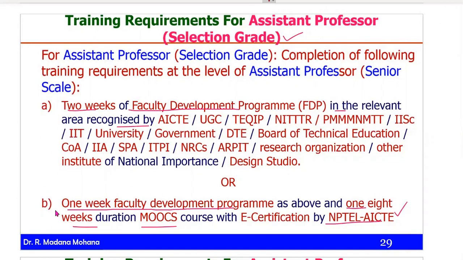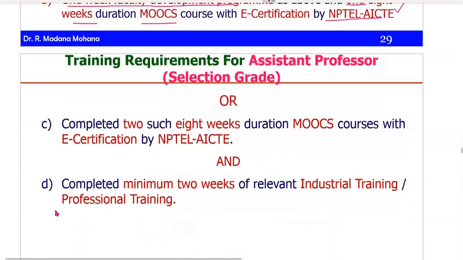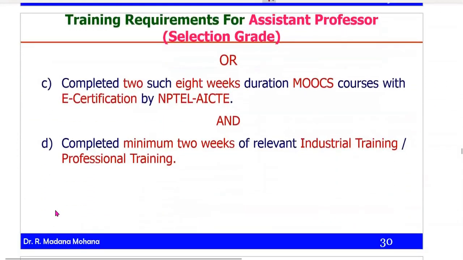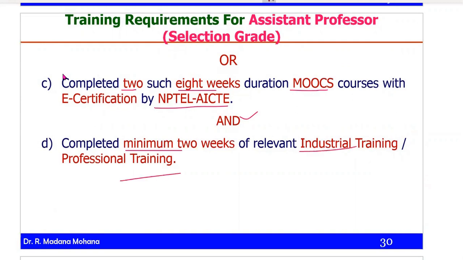Either condition A or condition B, or condition C. What is condition C? Completed 2 such 8 weeks duration MOOCs courses through NPTEL AICTE. So out of ABC, any one condition needs to be satisfied. And same as the previous assistant professor senior scale, this minimum 2 weeks industrial training or professional training is mandatory.